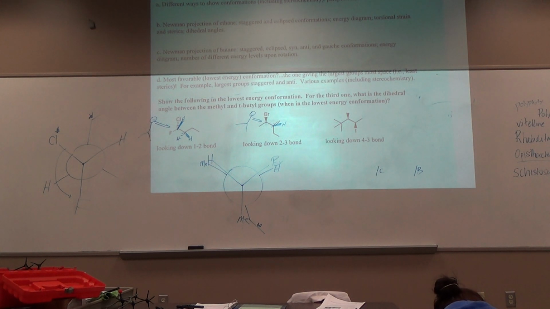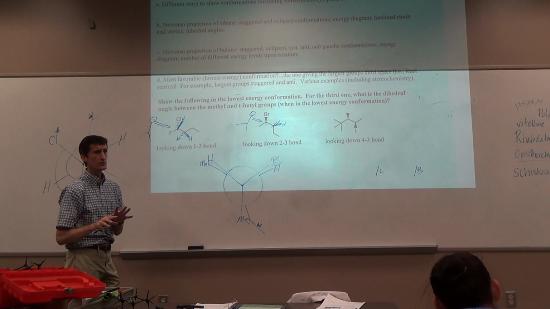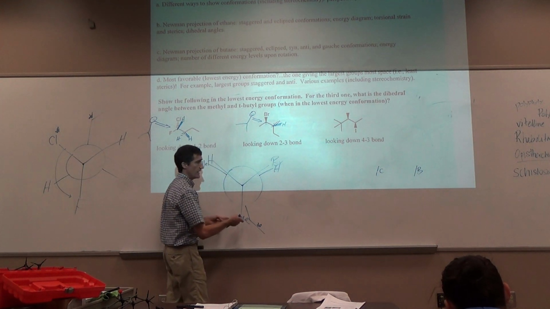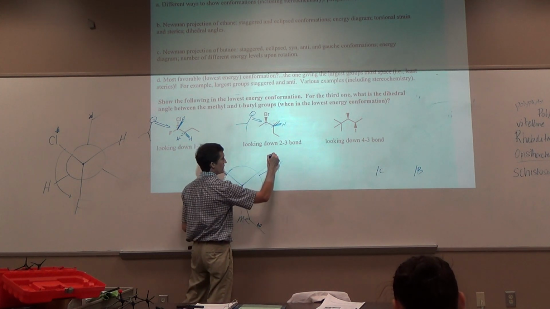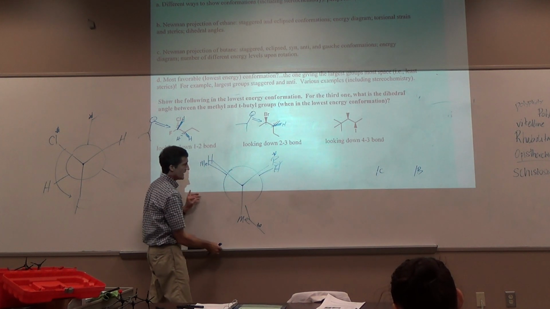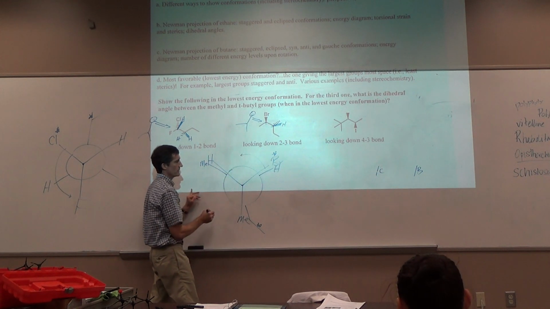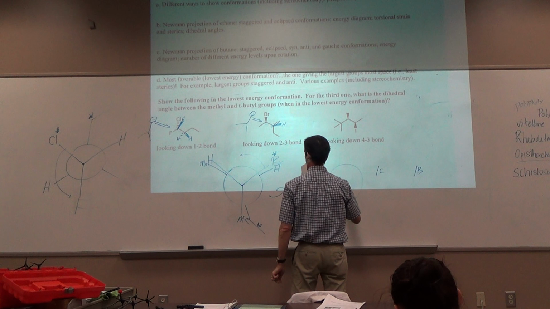Even though that carbon's got 3 H's on it, I'll try to make these pretty straightforward, and usually I'll have you comparing methyls to ethyls, and your halogens. But bromine is a lot bigger than a methyl, and so we want the bromine on the front to be anti to the ethyl on the back. All we got to do is just rotate the bromine up here, and we get something that looks like the front.